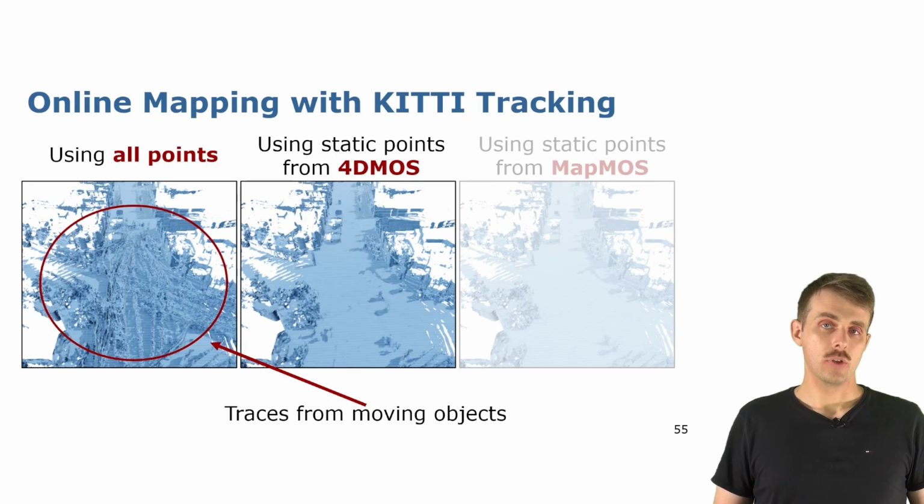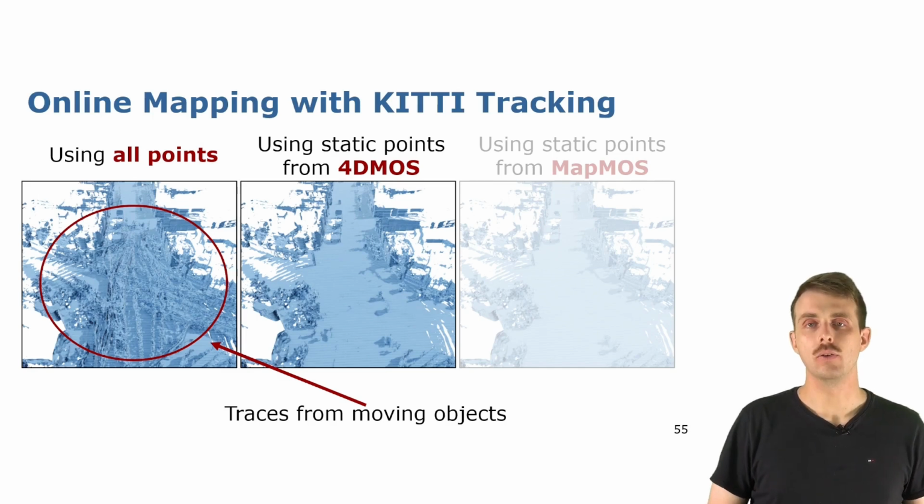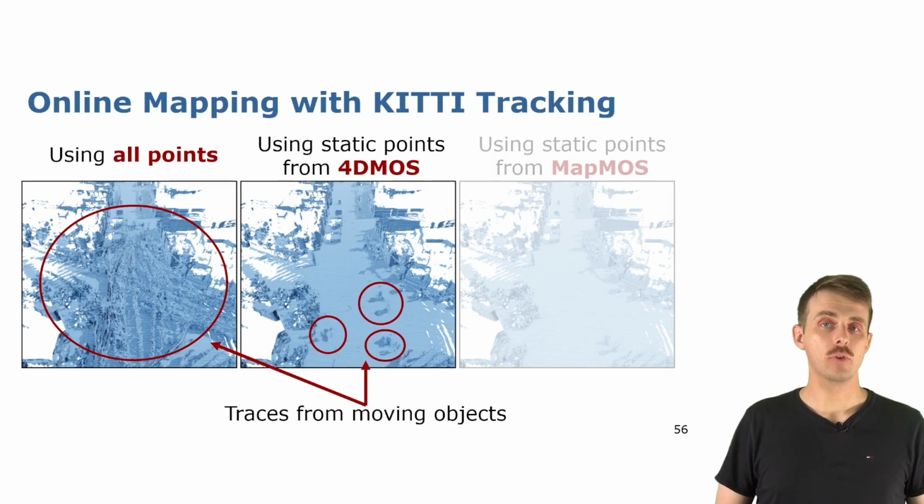If we then use 4D-MOS, we can segment the scan into moving and non-moving, and then only integrate the non-moving parts into the map. We can already filter out most moving objects, but some are still there.